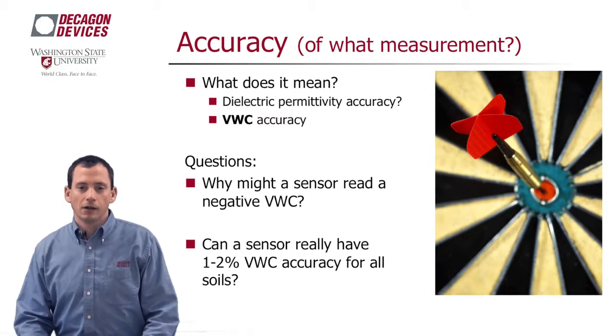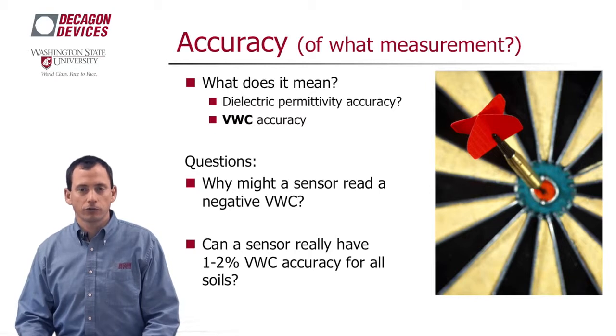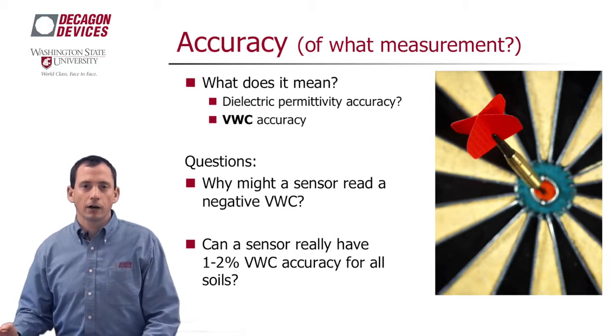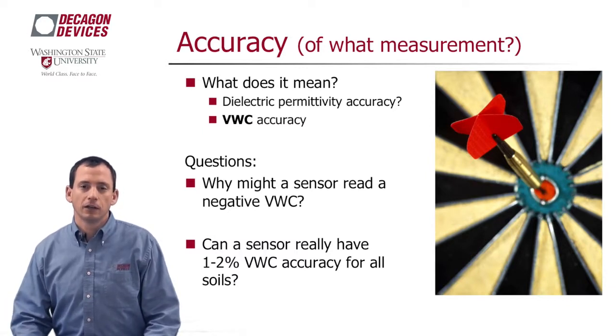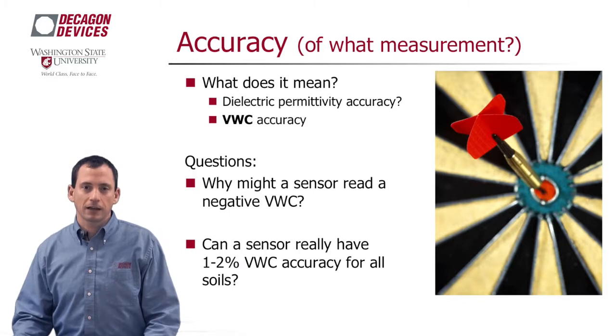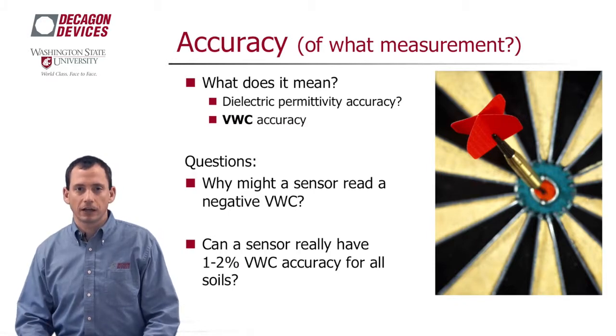And you will see on some manufacturer websites that they claim that their dielectric soil moisture sensor can measure water content within 1% or within 2% in all soils. And so we want to look at some of the factors that affect that accuracy and see if that is actually possible.